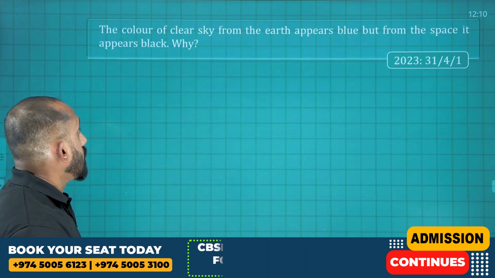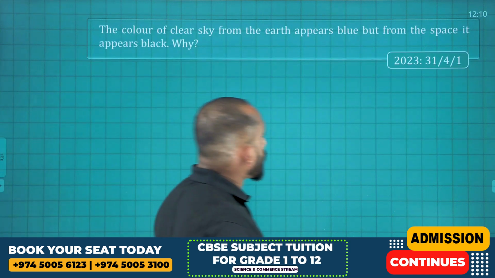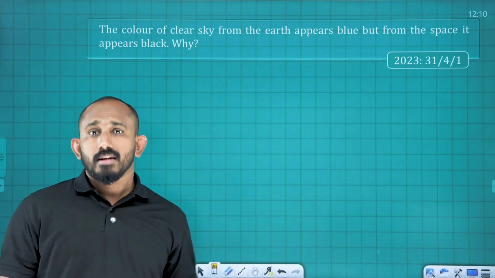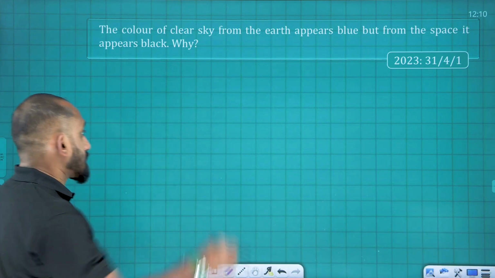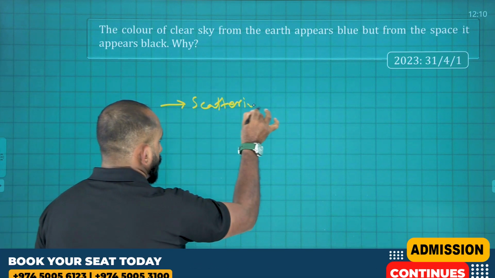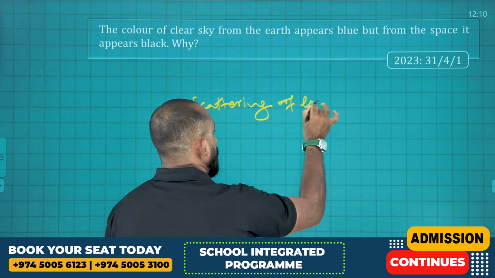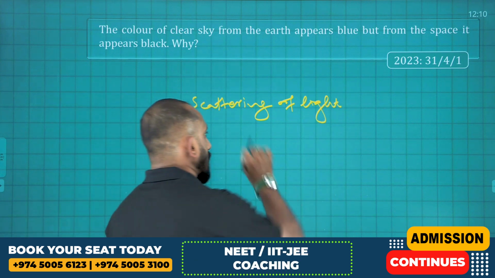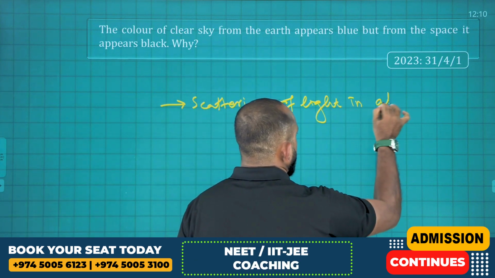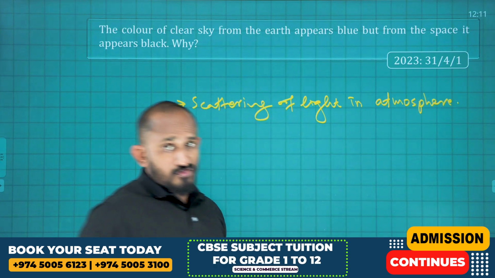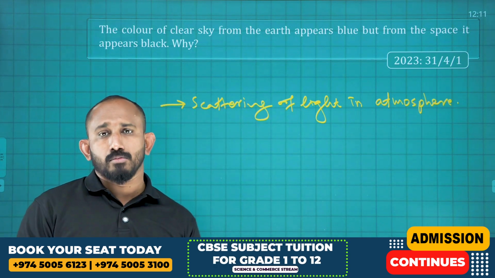The color of the sky from the earth appears blue, but from space it appears black. Why? We discussed already. The color of the sky is due to scattering of light with atmospheric particles. So scattering of light in the atmosphere is the reason for the color of the sky. On earth we have atmosphere.